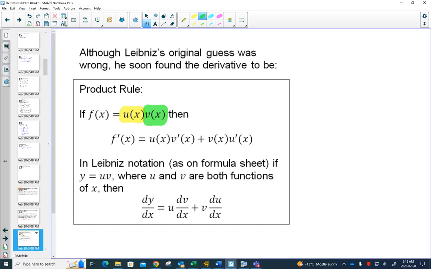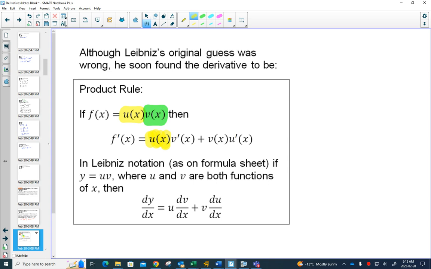The product rule works like this. When you have two functions multiplied together, then the derivative is: you keep the first function the same and multiply by the derivative of the second function.